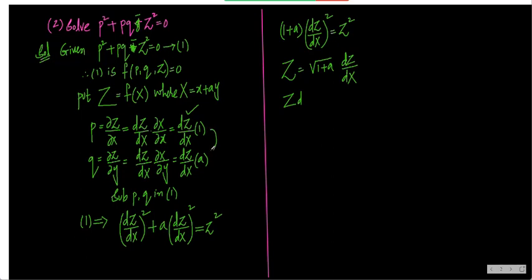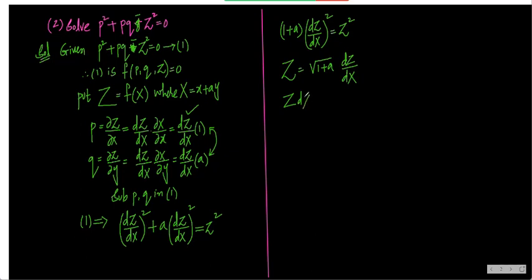If you multiply these two, a as it is, this value into this value becomes this value whole square, equal to z square. Then taking dz by dx whole square as a common term, 1 plus a, the square will go to that side and become root.